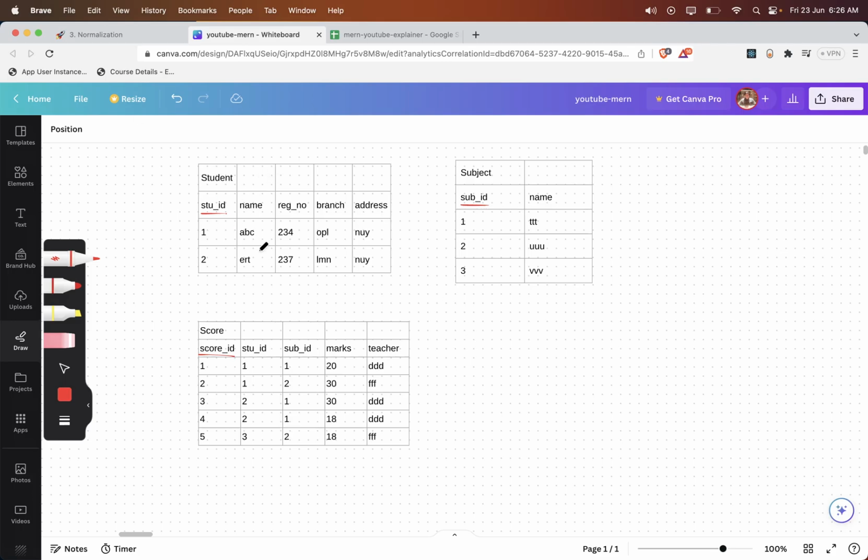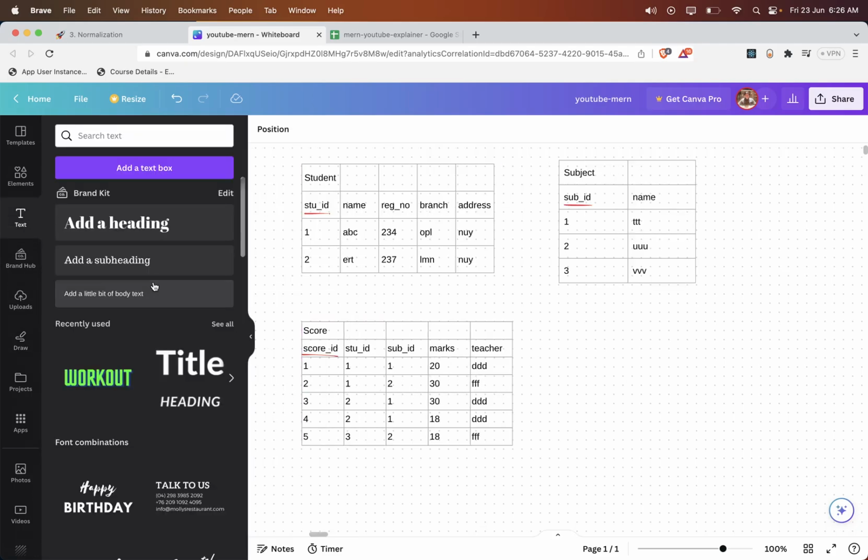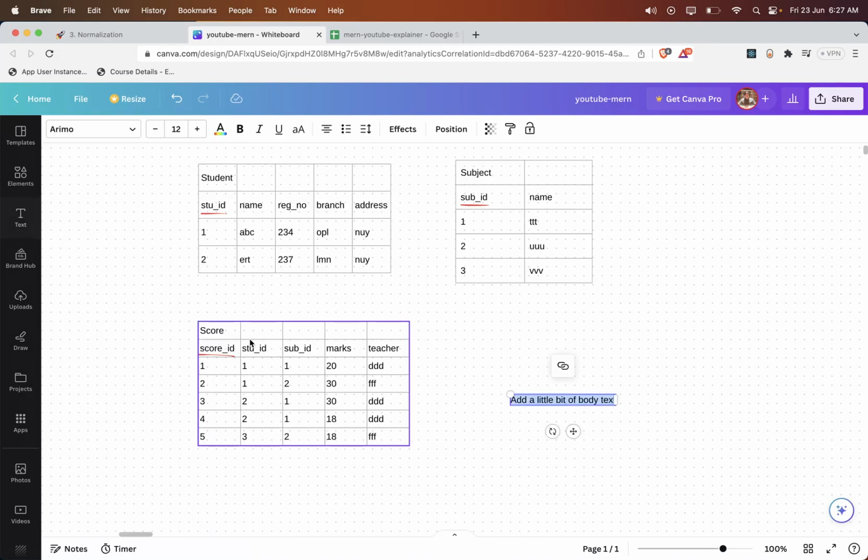Students are getting registered in the student table. You can create any number of subjects in the subject table, and for exam purposes we have created this score table. Now my concern over here is, if I ask you a question, give me the marks for student 10, is it enough?